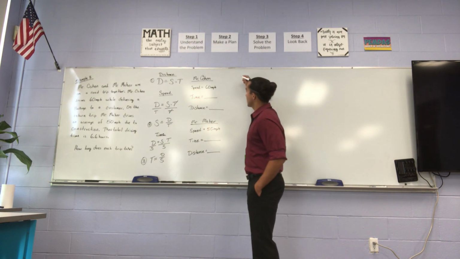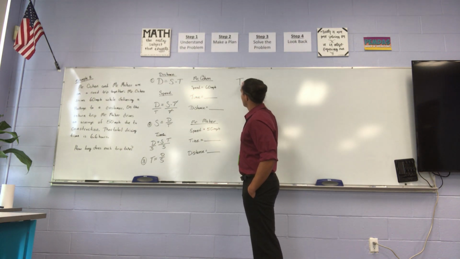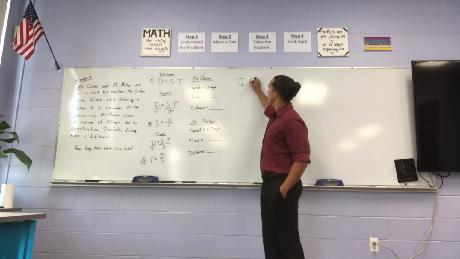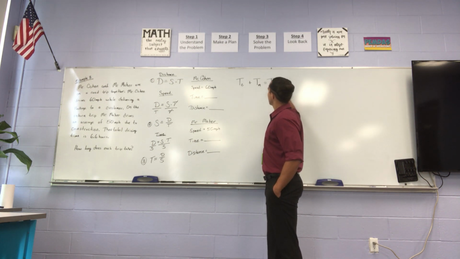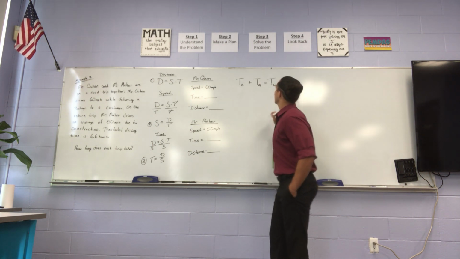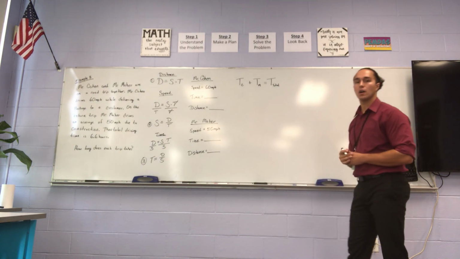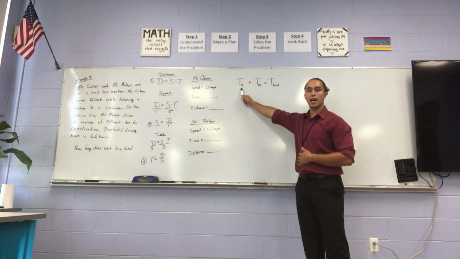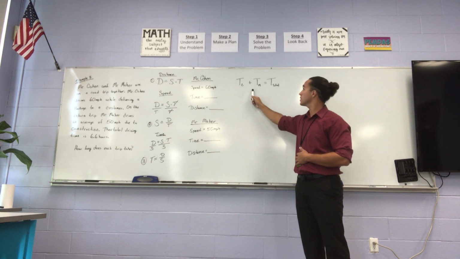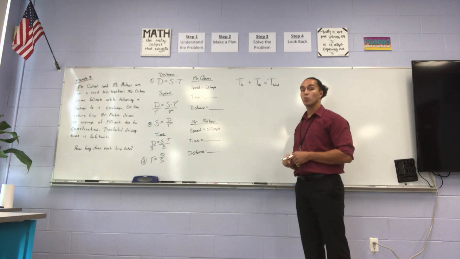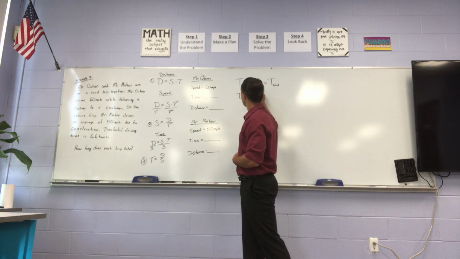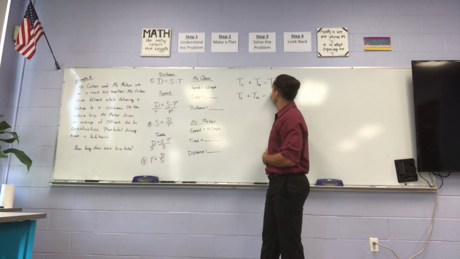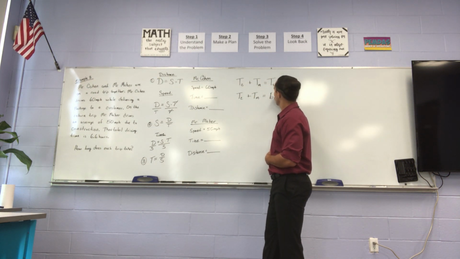So we can take the time of Mr. Cohen plus the time of Mr. Marr and have that equal the total time, which we already know is equal to 6.6 hours.